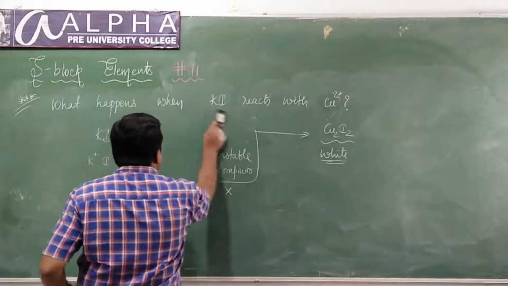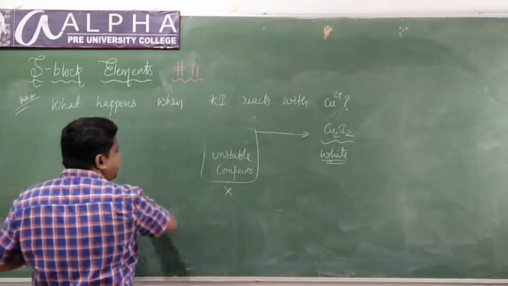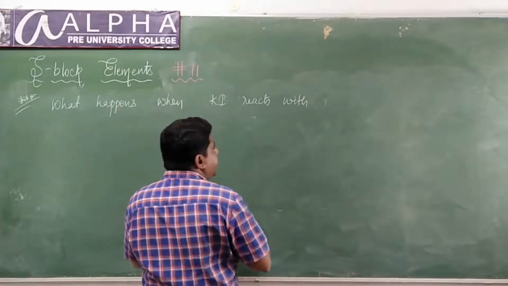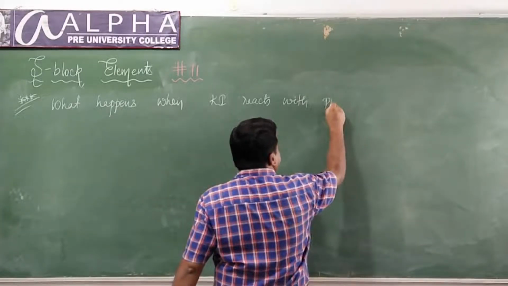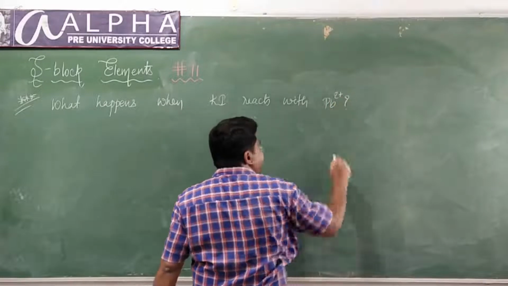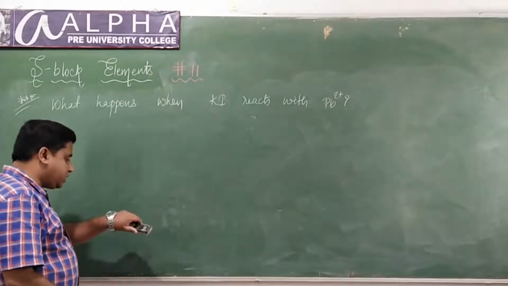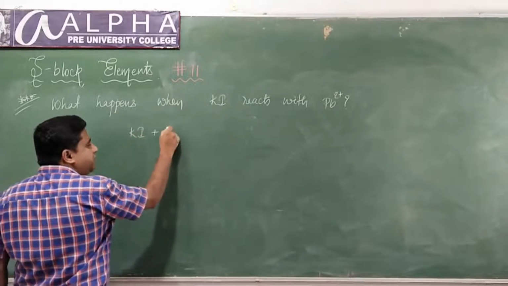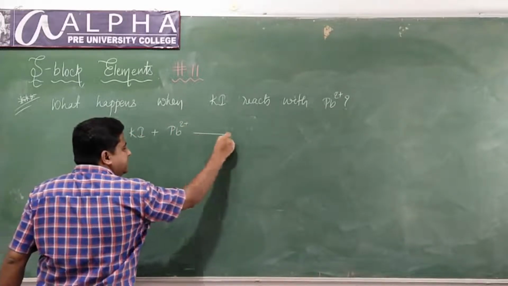Next, what happens when potassium iodide reacts with Pb2+? Again, the same reaction.